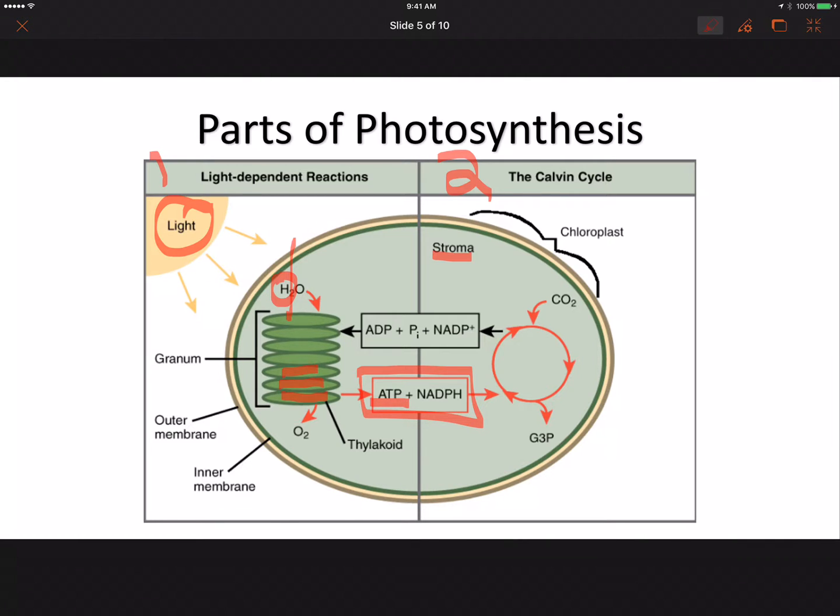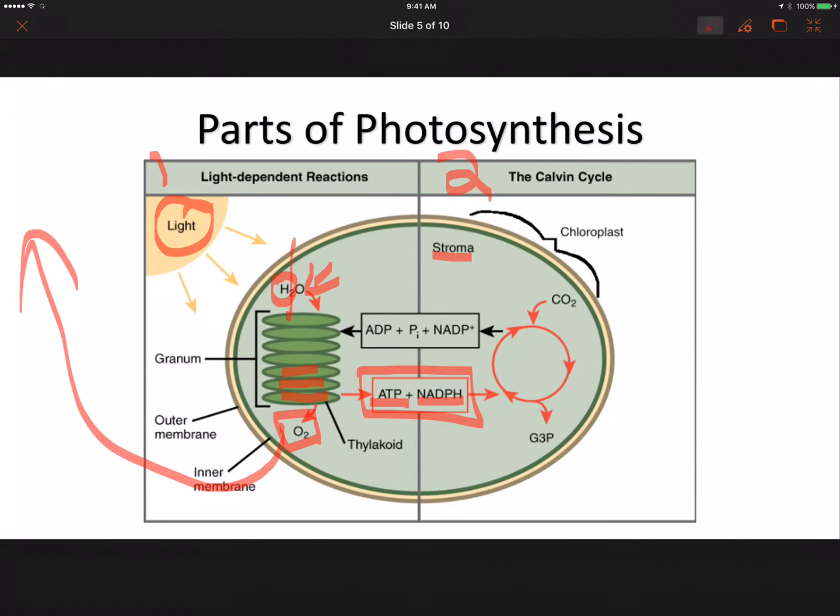You should be familiar with ATP, since that's our main source of energy in our bodies. And now we're introducing another one called NADPH. This is also where our oxygen is produced, because that remaining oxygen is let out into the atmosphere.